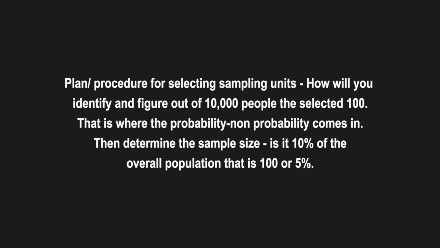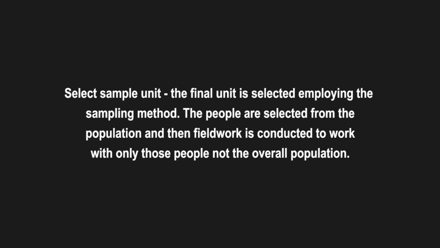Is it 100 or is it 5%? That's up to you. Then select an actual sample unit. Okay, this is my final unit. By employing the sampling method, you select the people from the population, and then you conduct your fieldwork. You work with only those people, not the overall population.